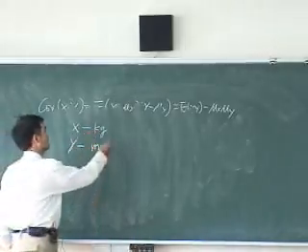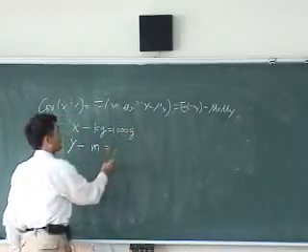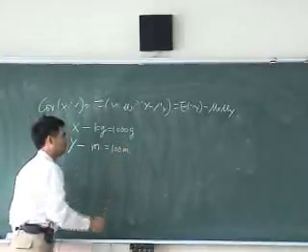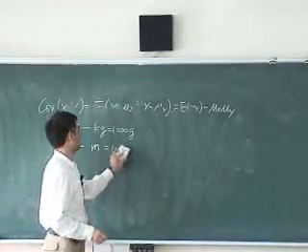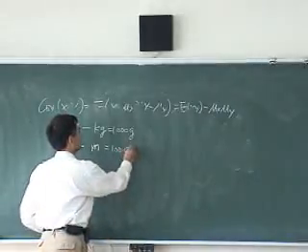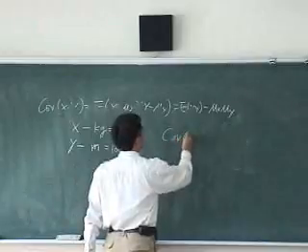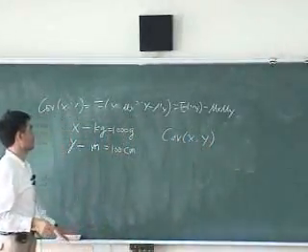And 1 meter is equal to 100 centimeters. So we have covariance XY.